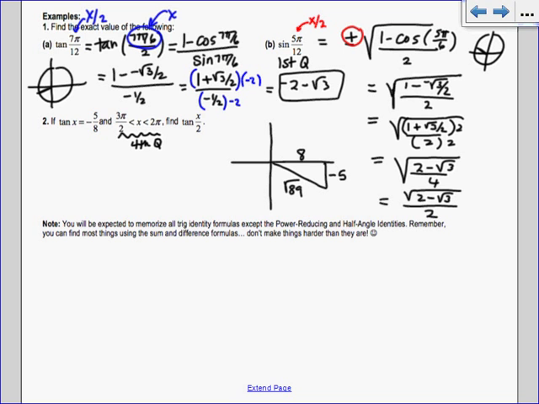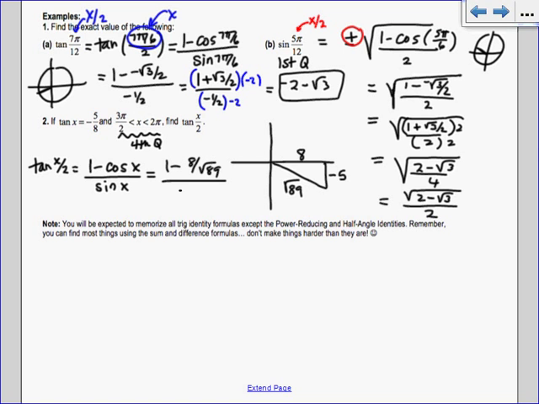So if we talk about tangent of x over 2, we'll use that first formula, which was 1 minus cosine of x all over sine of x. Cosine is adjacent over hypotenuse, so 8 over square root of 89.